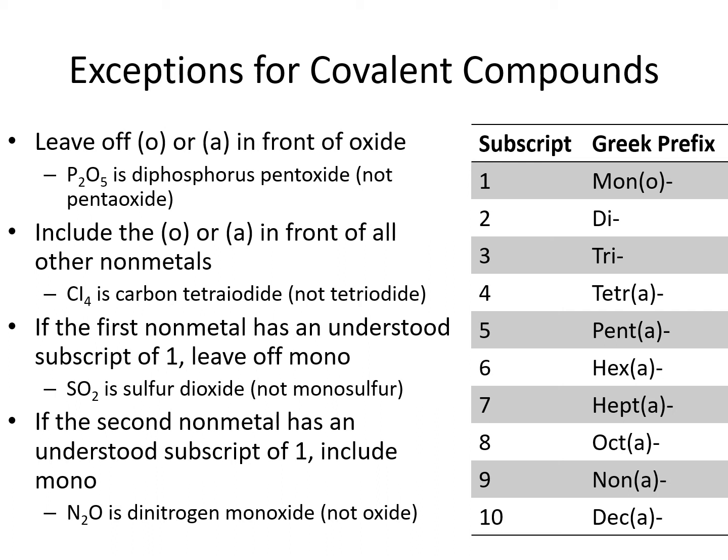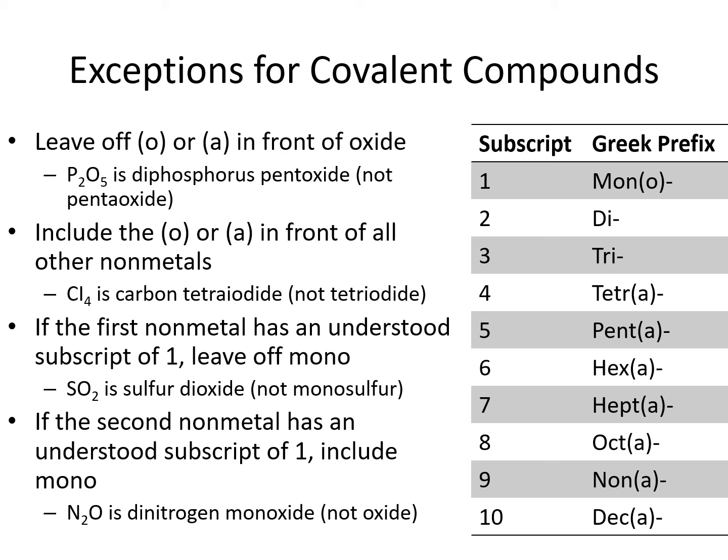Oxide is the only element we leave off the O or the A for. We include the O or the A in front of all other nonmetals. For example, CI4 is carbon tetraiodide, even though it means having 3 vowels in a row. Also notice di and tri never get changed.